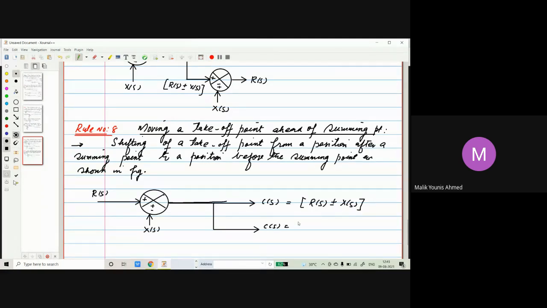C of S is R of S plus minus X of S, because it's the same place.